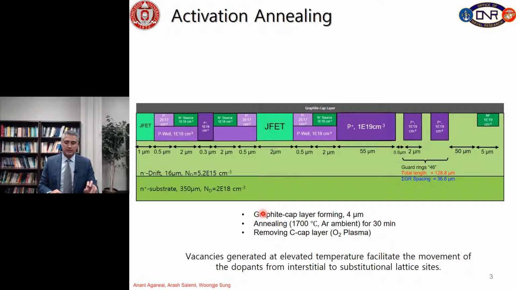We need, for example, a 4 micrometer graphite cap layer over the sample. Then, with this cap layer, we can use high temperature annealing, argon ambient, 1700 degrees C for 30 minutes, in order to activate all these dopants. After the activation, we can remove this carbon cap layer by oxygen plasma.